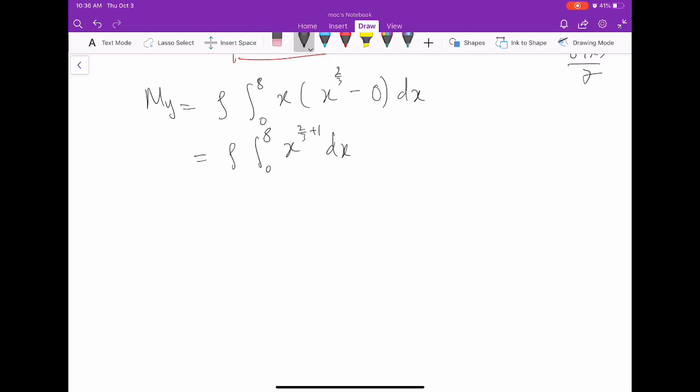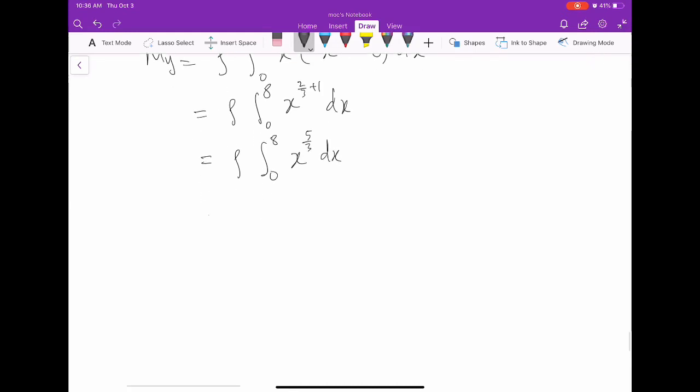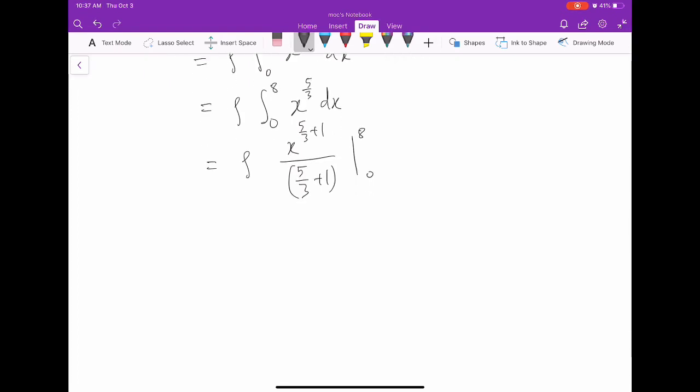Because when you multiply them, we get 0 to 8 x to 5 over 3 dx. And now we just find the antiderivative of this and then plug 0 and 8 into this function. So I have x to 5 over 3 plus 1 over 5 over 3 plus 1 in here, evaluated from 0 to 8.